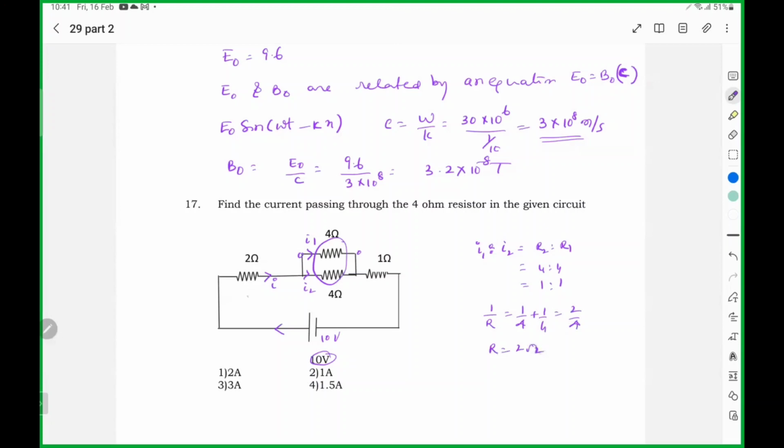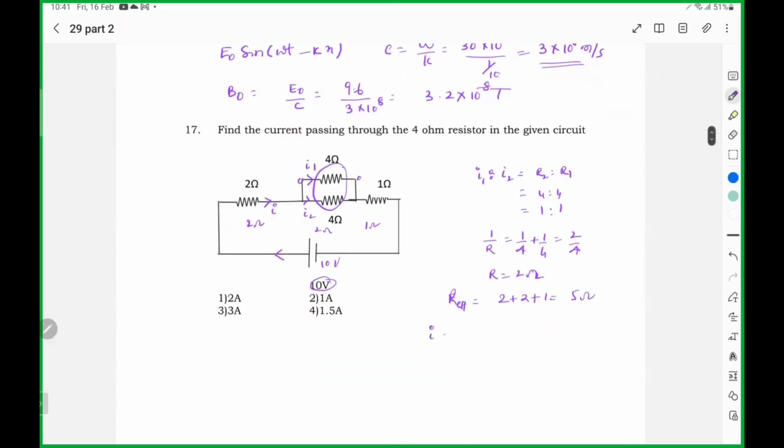Here this 2 ohms, here 2 ohms, and here 1 ohm. They are in series. So effective resistance will be 5 ohms. The current which passes through the circuit is 2 amperes. Here 2 amperes current passes through it.